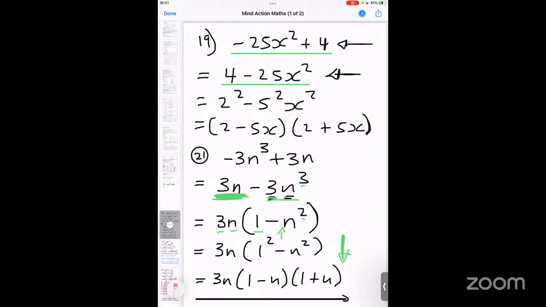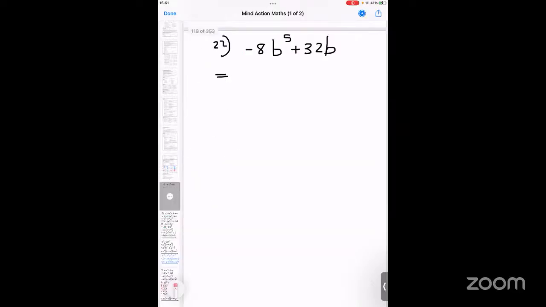Yes. Okay, let's see this one. Do you have an idea of what can be done as our first step? You should swap the numbers. Yes, we first rearrange. So what will it be? 32b minus 8b to the power of 5.